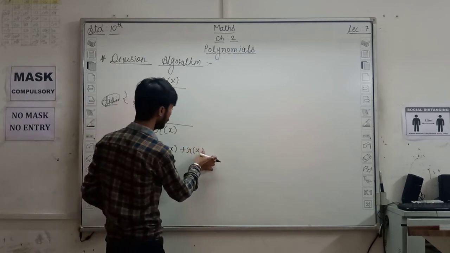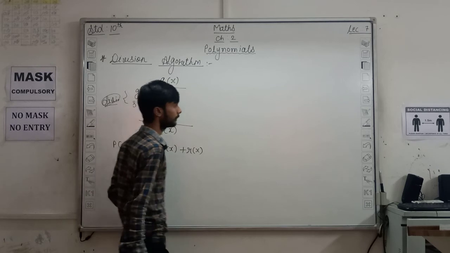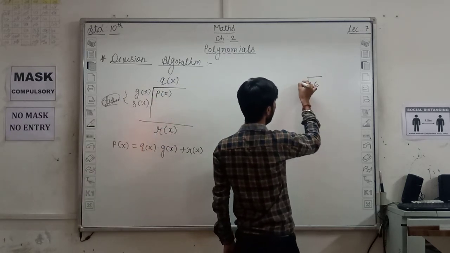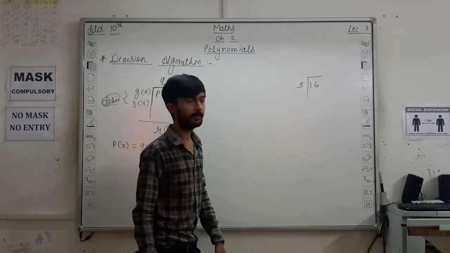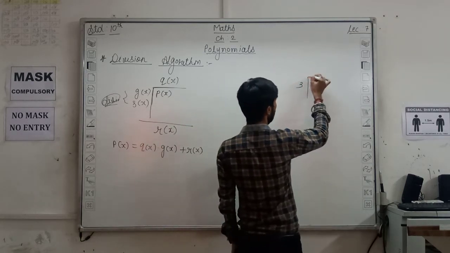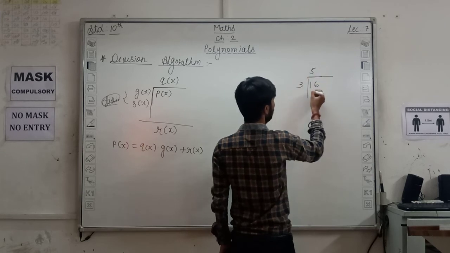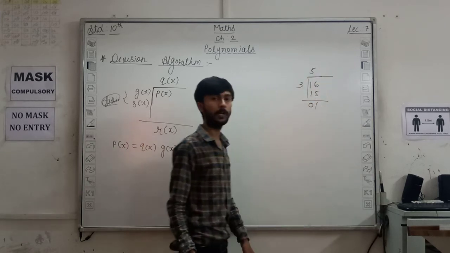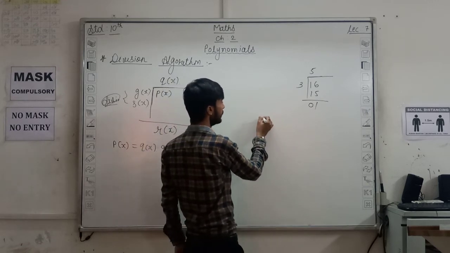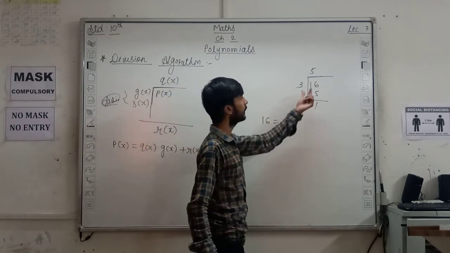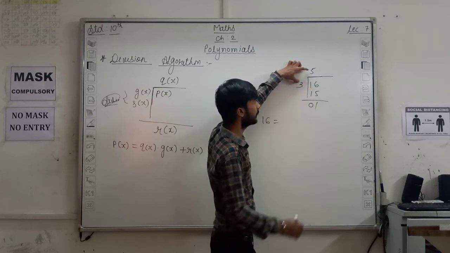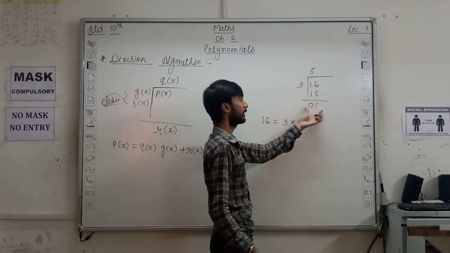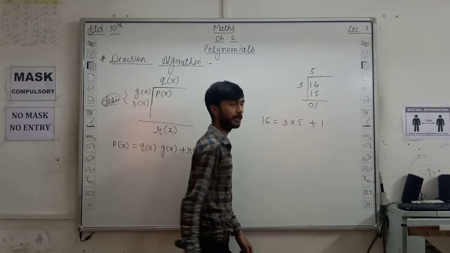Let's see an example. Suppose we have 16 and we divide 16 by 3, right? 3 fives are 15, 16 minus 15, so the remainder is 1. Now see, we can write 16 as the multiplication of these two terms, 3 into 5, plus the remainder, plus 1.